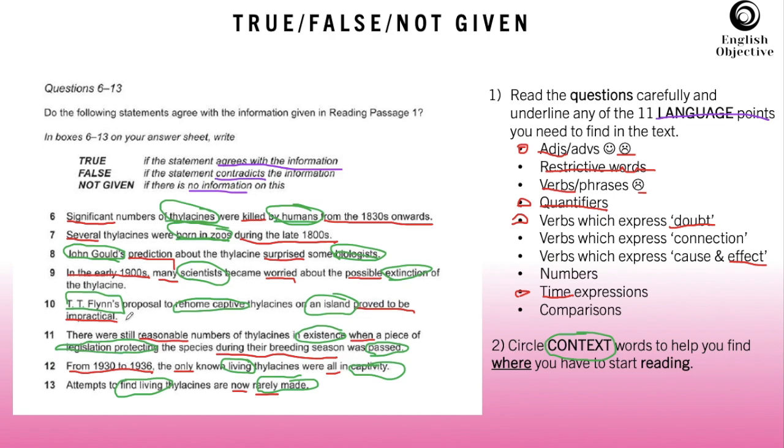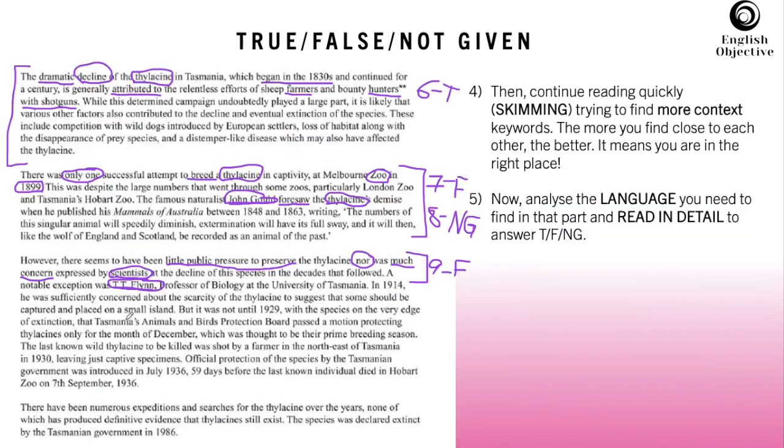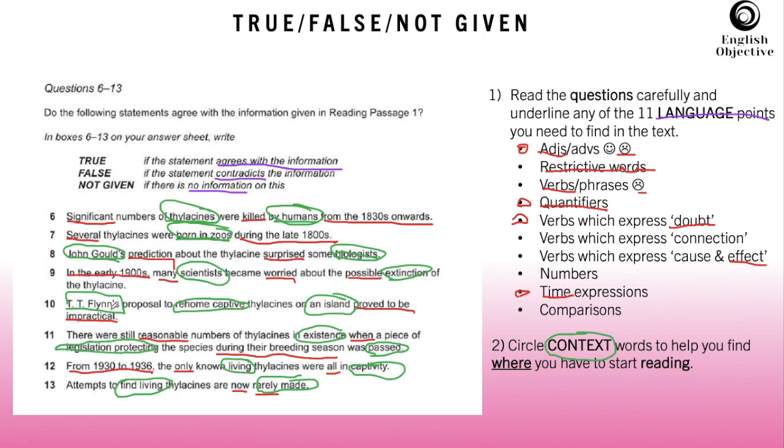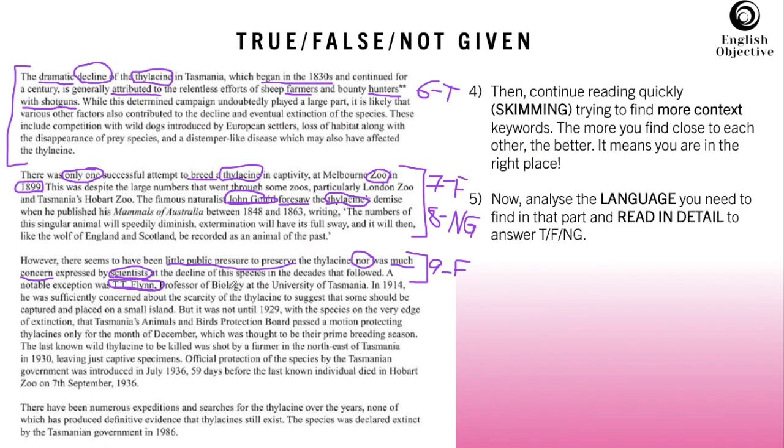Let's have a look and see if I can find any. So in this case, because I found the first context keyword, I'm going to keep reading quickly and see if I have anything about no time, so that's not important.